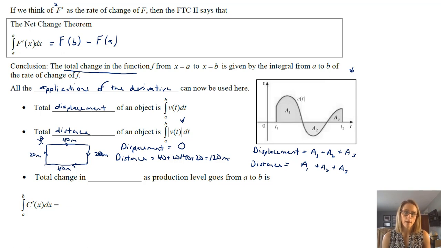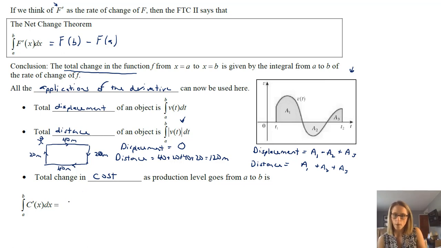Another example of where this could come up besides displacement and distance is, for example, the total change in cost. That very basic idea of business things that we don't see that much. The total change in cost as production level goes from A to B. And again, total change, right? So that's the idea behind this.